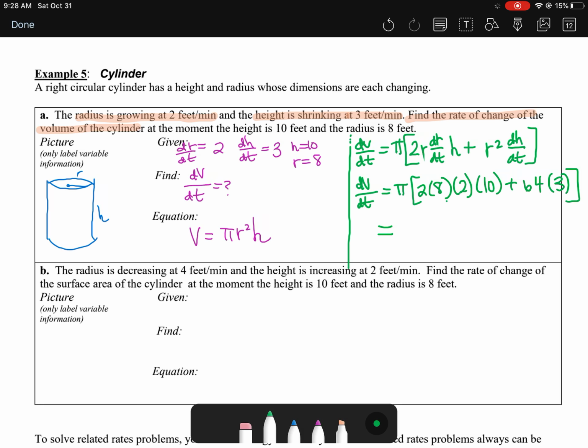Oh no, and shrinking, oops, that should be -3. There we go. Sorry about that.